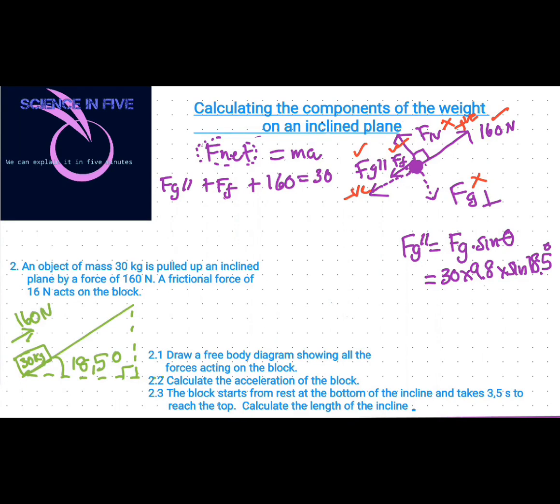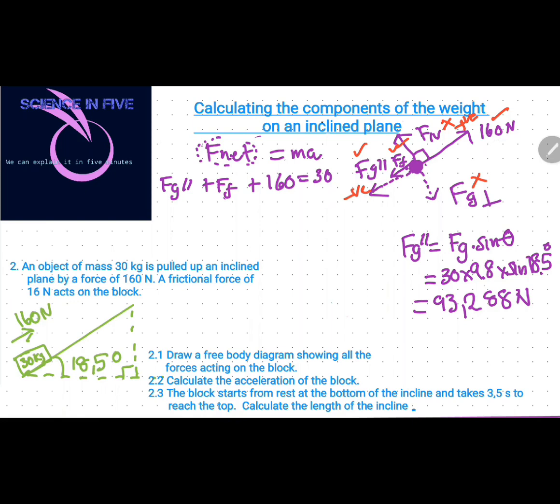This will give me 93,288 newtons. Now remember, this 93,288 newtons is going to be negative. The friction is going to be negative. Only the 160 Newton force is positive.